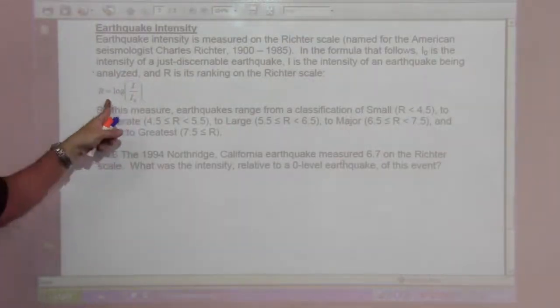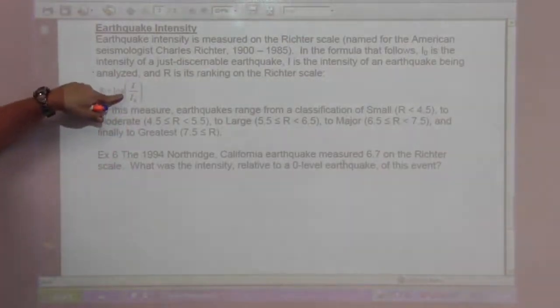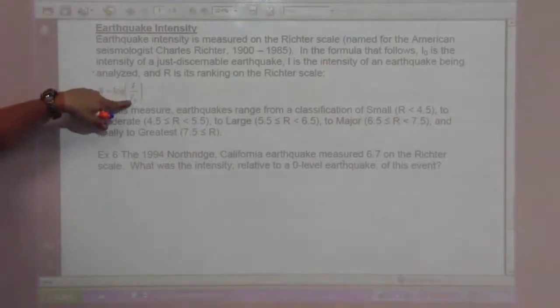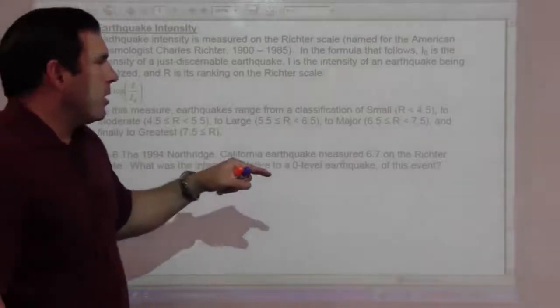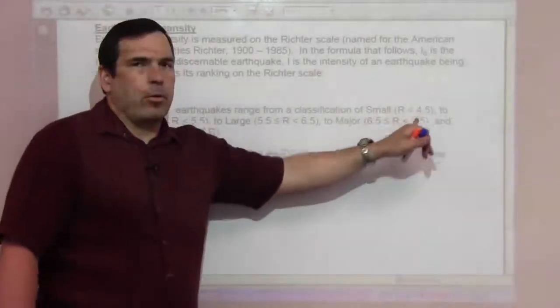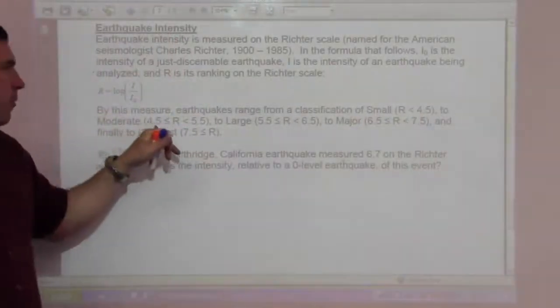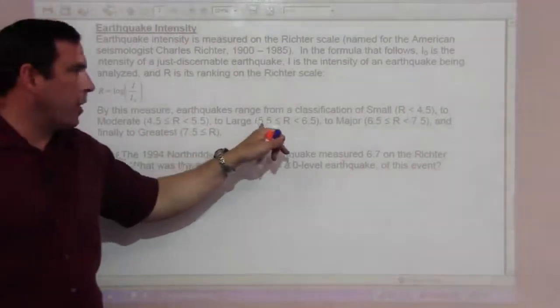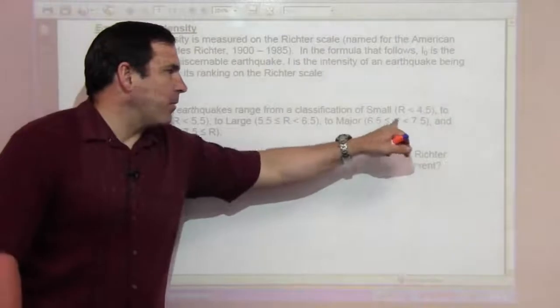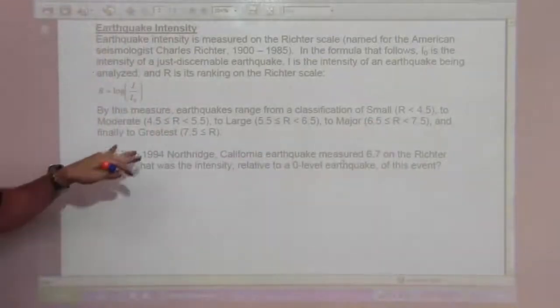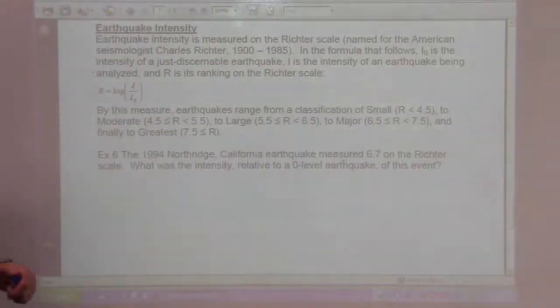So the ranking on the Richter scale is the common log of I over I sub 0. By this measure earthquakes range from smaller with R less than 4.5, moderate 4.5 to 5.5, large 5.5 to 6.5, major 6.5 to 7.5, and finally the greatest is 7.5.